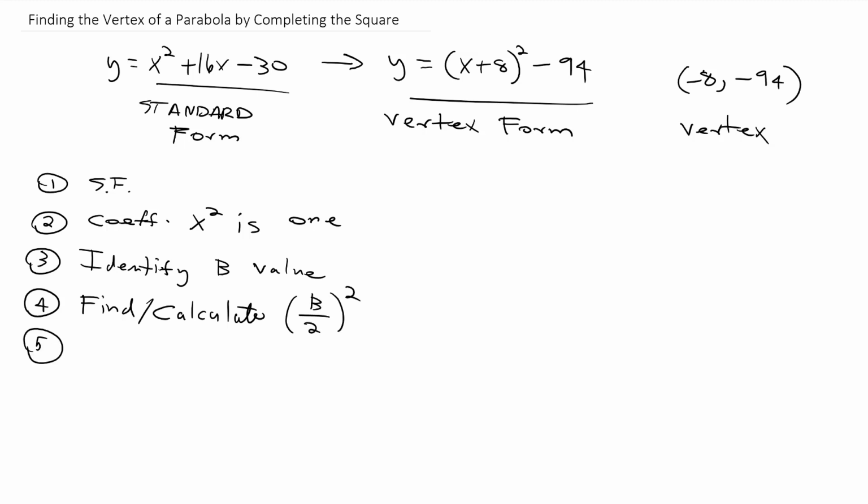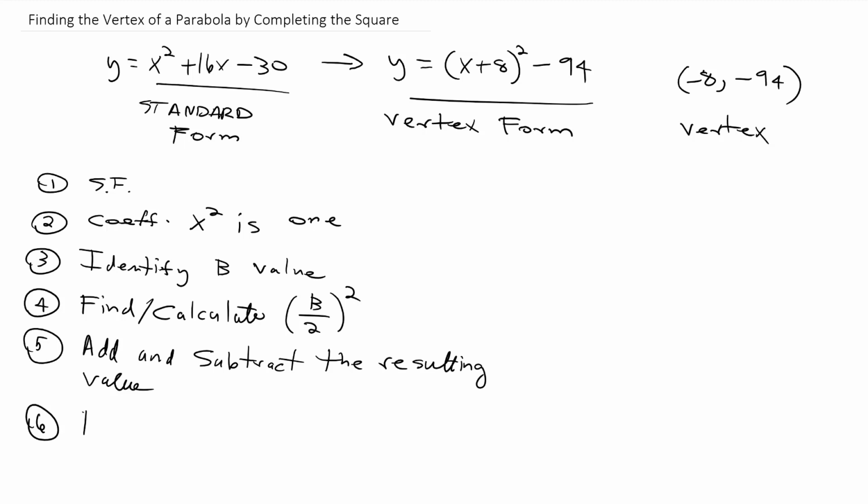Then we're going to add and subtract the resulting value. Once we do that, we can factor the perfect square trinomial.